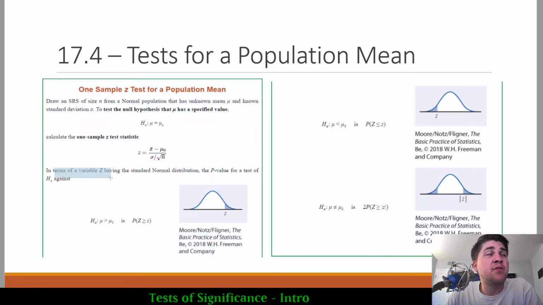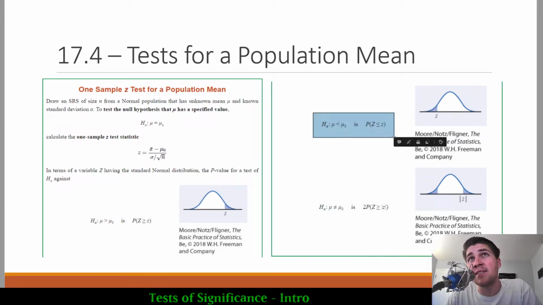And it says, in terms of the variable z having a standard normal distribution, the p-value for the test is given. Notice that it's separating this into 3 cases. If we want to check the alternative hypothesis being less than the value, we could just find the probability on a standard normal z-table, because that's always what it will tell us, and we can find our p-value just by doing exactly that.